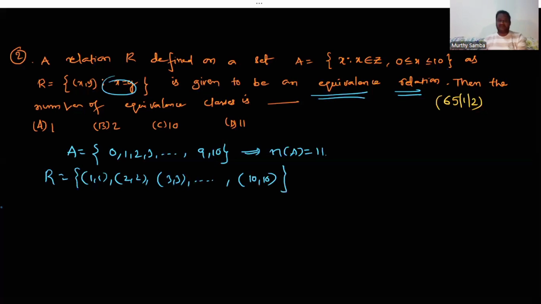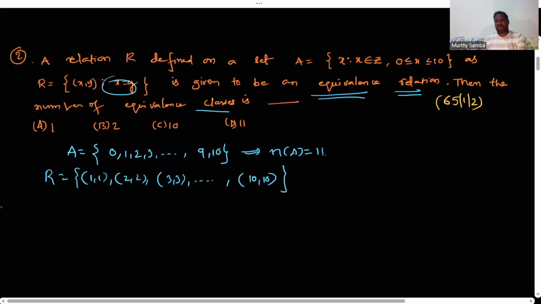As it is an equivalence relation, what about the number of equivalence classes? The equivalence class of 1 is equal to 1, the equivalence class of 2 is equal to 2, the equivalence class of 3 is equal to 3, and the equivalence class of 10 is equal to 10.